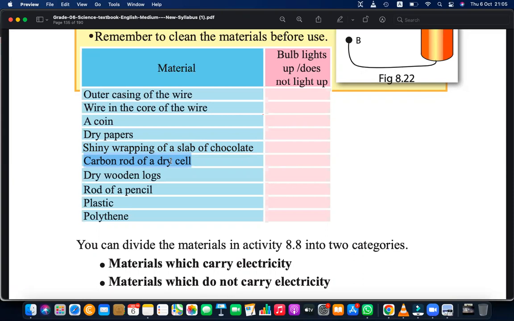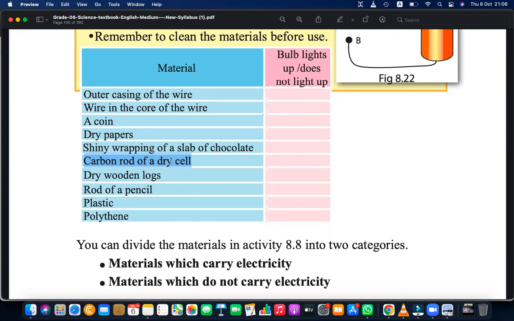Is it a conductor or insulator? Yes. The carbon rod is a conductor.